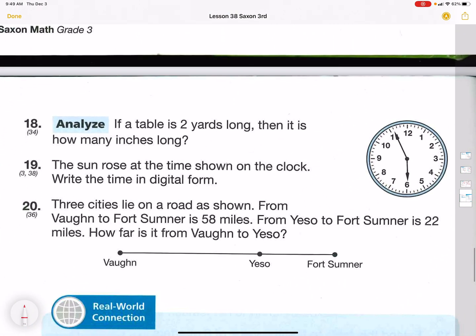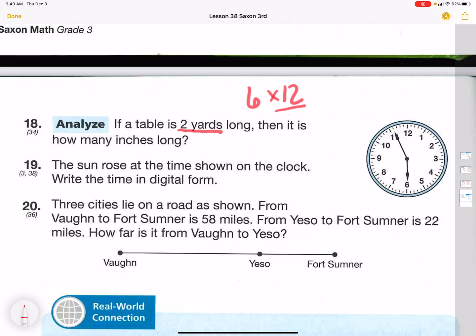18, if a table's 2 yards long, then it's how many inches long? So you're going to take 6 times 12. Let's do this together. Because 6 feet comes from 2 yards. 2 yards is the same as 6 feet. 1 yard is 3 feet. There's 12 inches in every foot.